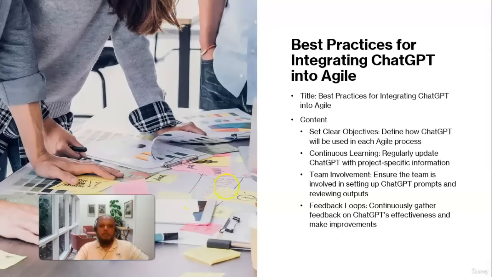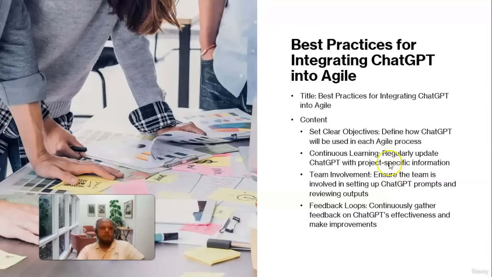So far we have discussed ChatGPT for Agile practices. Here we will discuss best practices for integrating ChatGPT into Agile. Set clear objectives. This is very important: define specific goals and how ChatGPT will be used in each Agile practice, ensuring that it adds value without disrupting existing workflows.